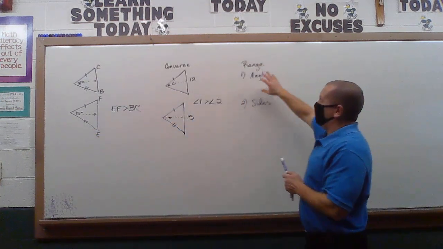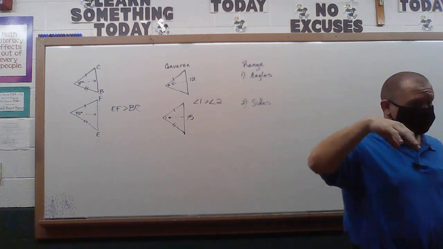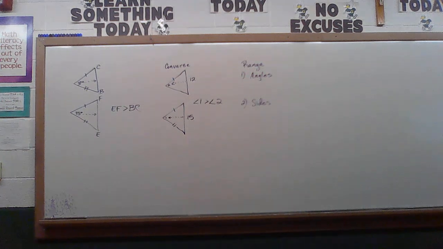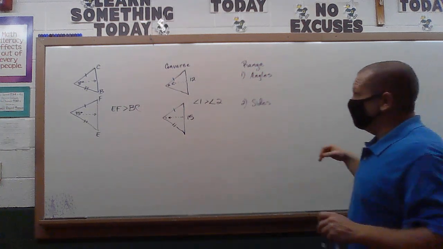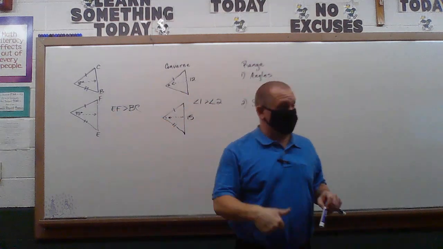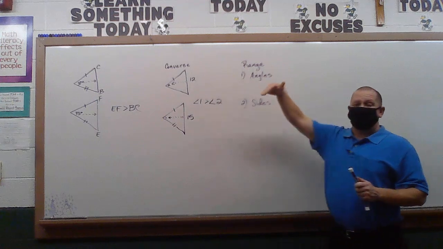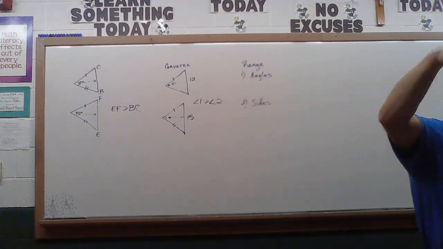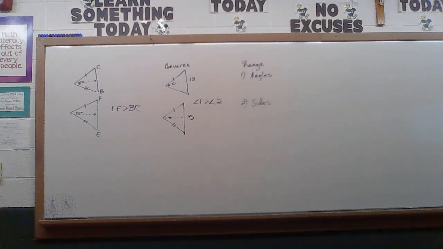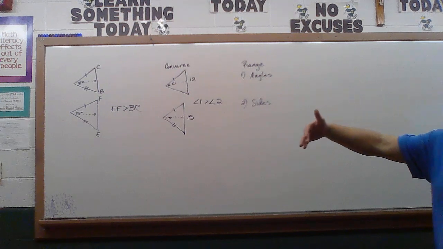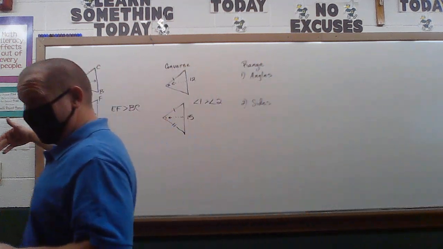So, what did we talk about in the range in your notes? For the theorem, okay? So, you're going to look at the information and you're going to write the first one. If it's less than, remember, you have two options. If it's less than, the other one has to be greater than. Remember that?